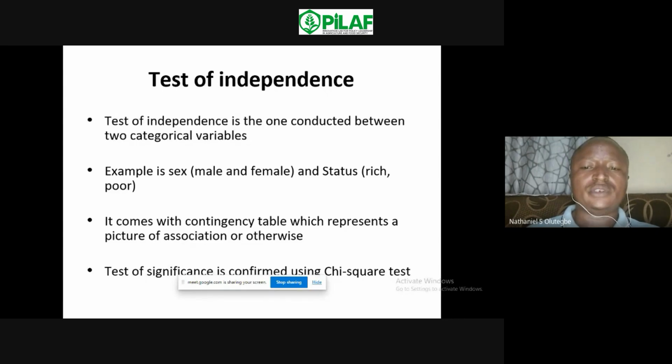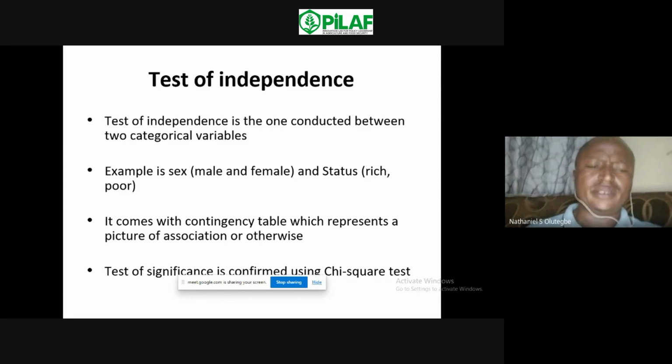Status can assume another level of measurement differently from what we have here. However, for the purpose of this class, we'll be looking at status as just categories, rich or poor. And so if a researcher is interested in whether there is a relationship between these two variables, or whether status depends on sex, for example, then this kind of test is conducted.